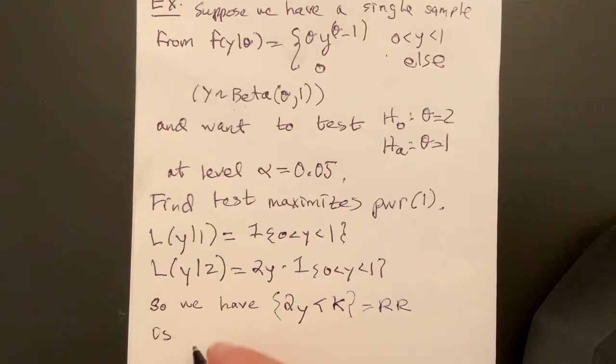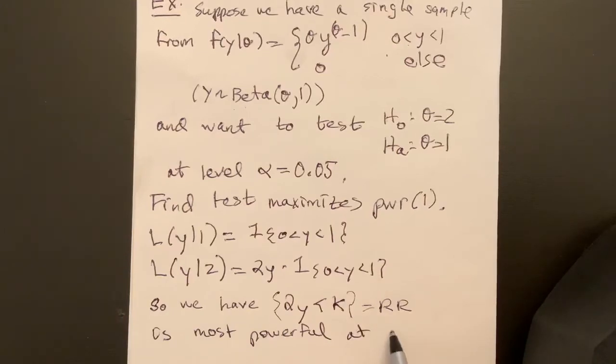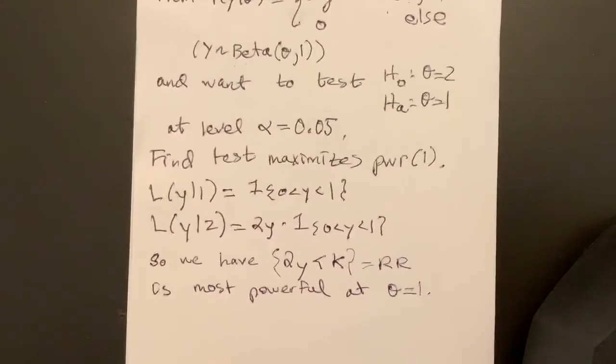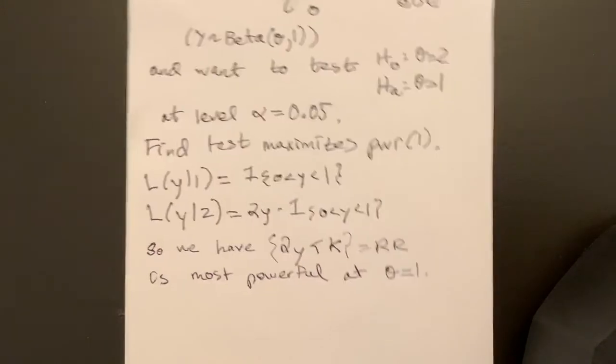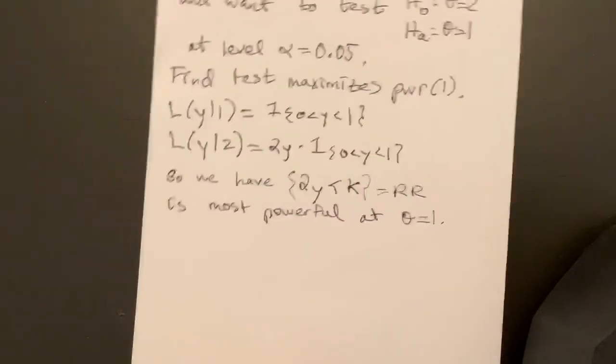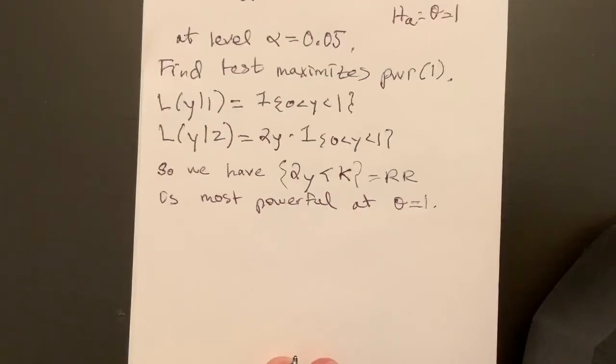It is most powerful at theta equals 1. k will be set by alpha completely. It's set by alpha being 0.05.